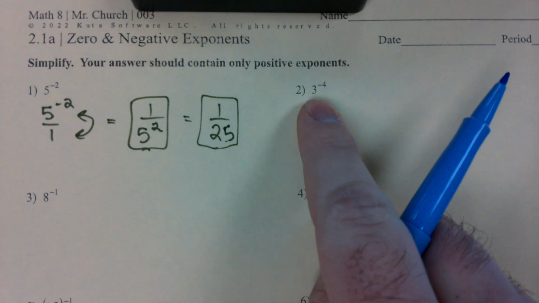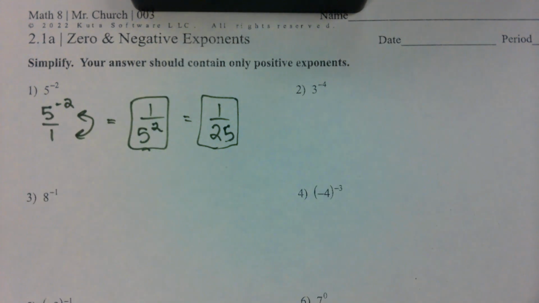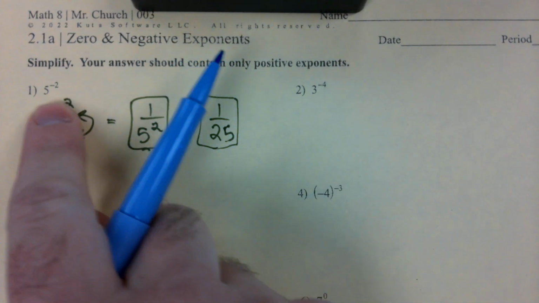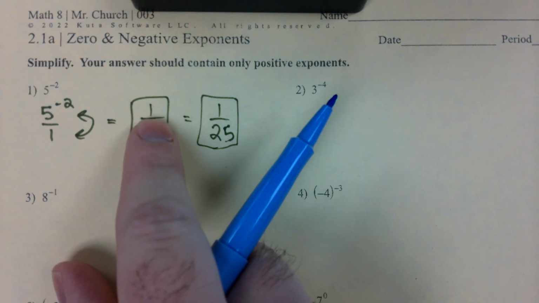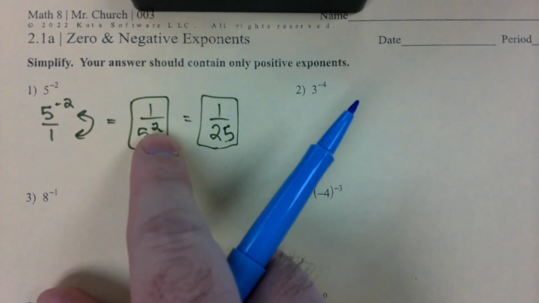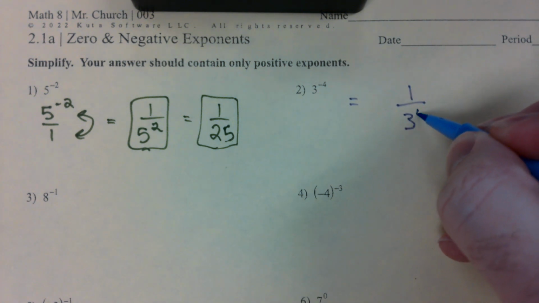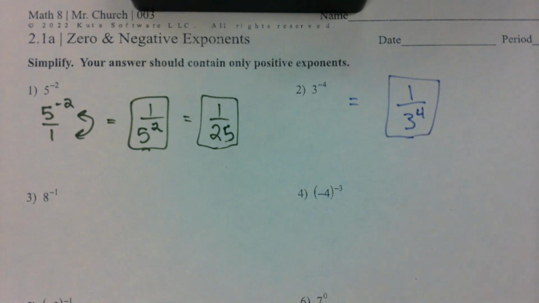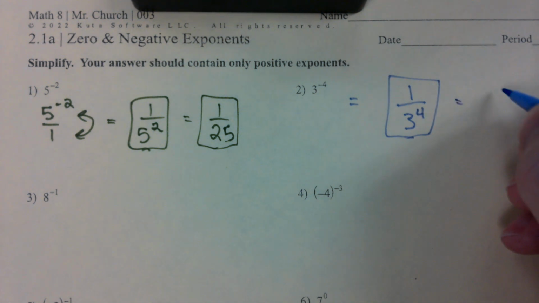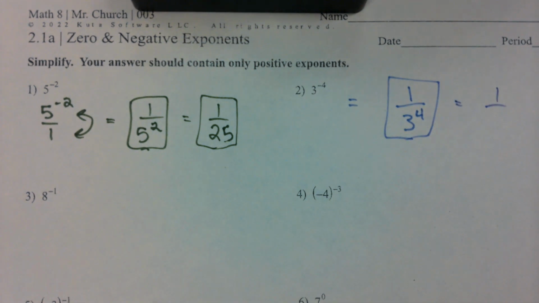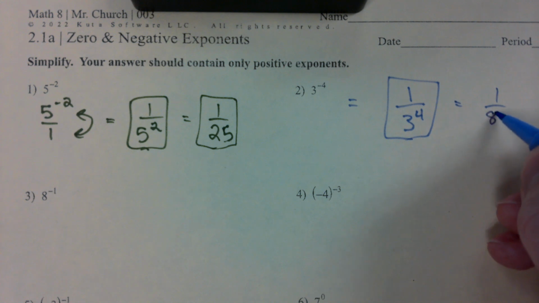So 3 to the negative 4, just like 5 to the negative 2, we can kind of just follow the same pattern, right? We just put 1 over what we had and made our exponent positive. 1 over what we had with a positive exponent. There's not even really much work to write out for this type of problem, right? 3 to the 4th, anyone got what that's equal to? 81.